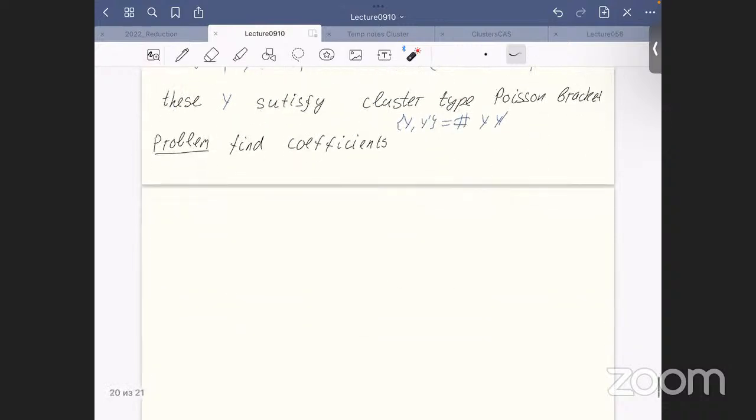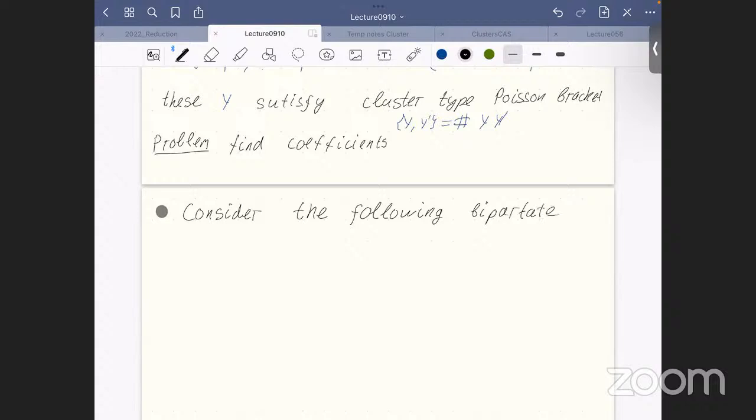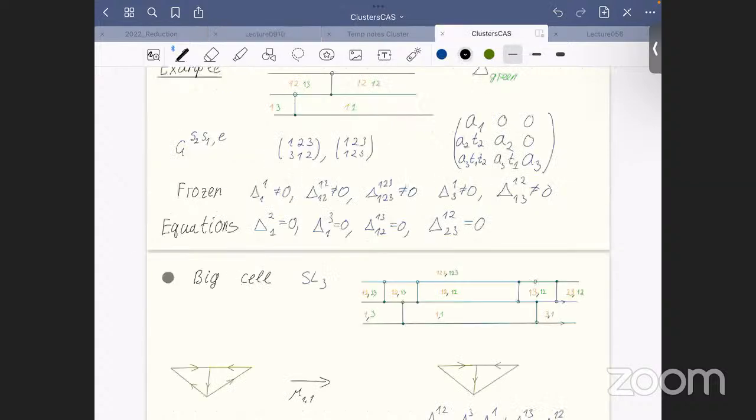Okay, now let us return to the story about the plabic graph and consider a bipartite graph. Now I have to copy some picture from my notes.